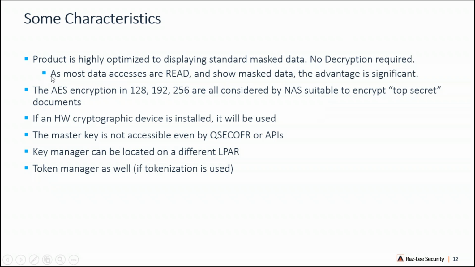And knowing that in most cases the access to data is actually read, we read data many more times than we write it. And most people usually are allowed to see data as masked data. Because we do no decryption when we have to show masked data, we highly optimize the system for reads when masked data should be seen.